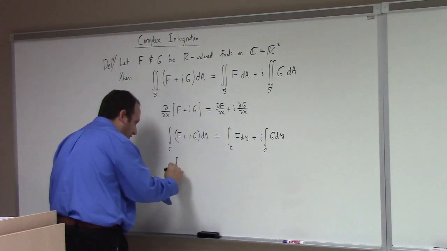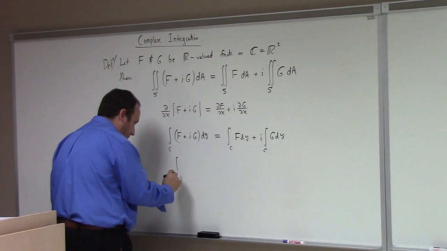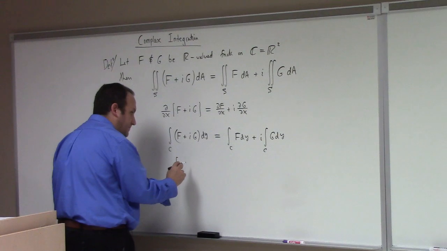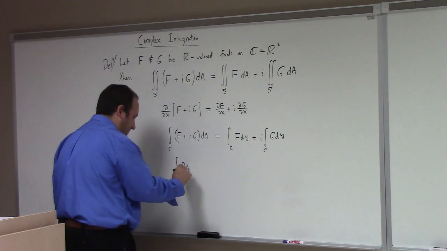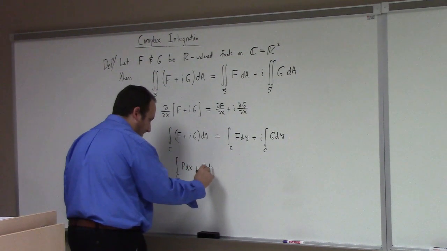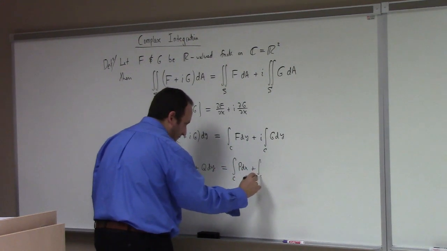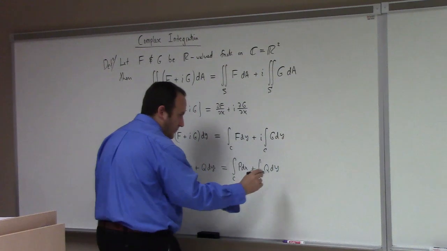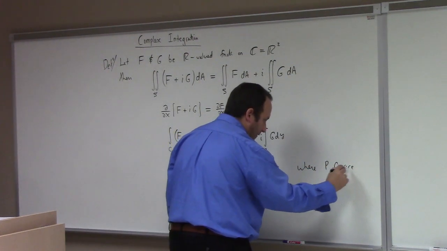And then, of course, we could also define the integral of p dx plus q dy to be equal to the integral over C of p dx plus the integral over C of q dy, where p and q are complex valued.